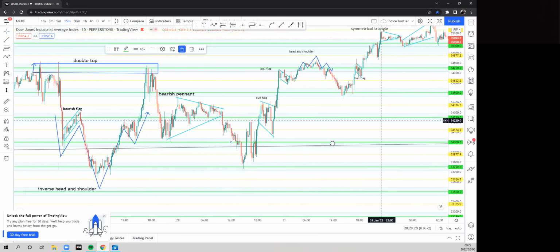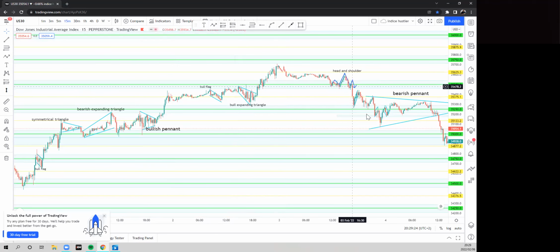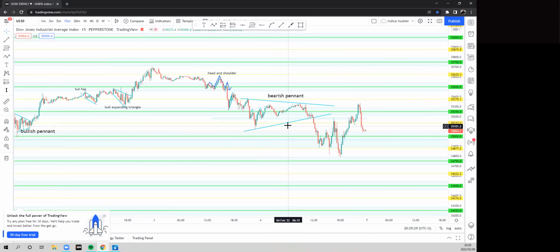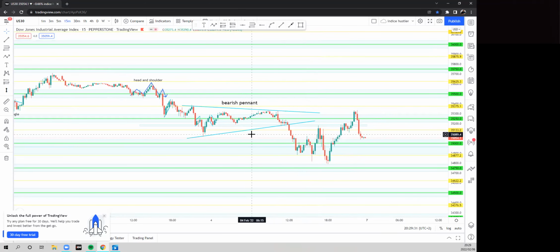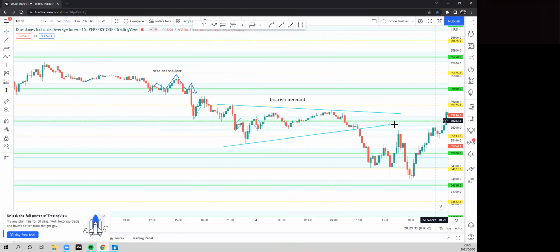Let me show you. You see how simple it is to trade chart patterns, and it's very, very powerful, like extremely powerful. Look here, for example, in this bearish pennant, I've got 3 patterns I can see here. There's a bearish flag, there's a bullish flag, and I can see a head and shoulder here.